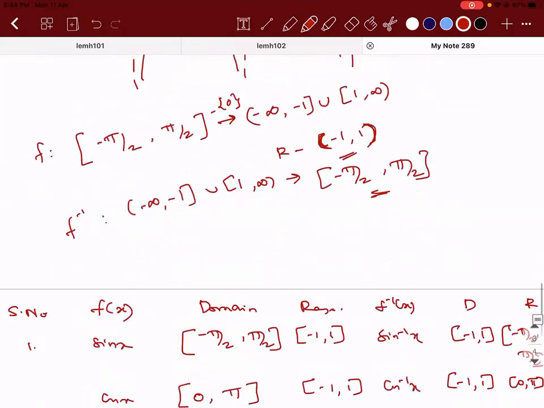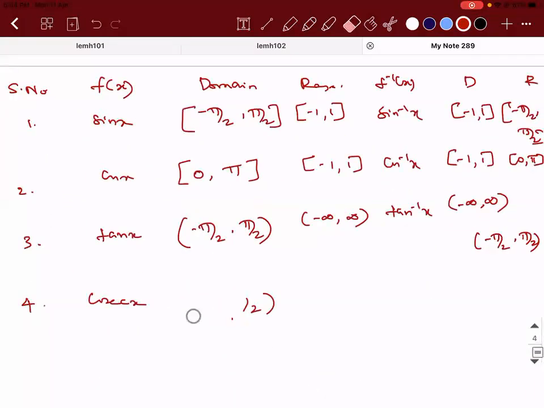So minus pi by 2 to pi by 2, minus 0. Then what is going to be the restricted range? You will get the value between minus infinity to minus 1, union 1 to infinity.